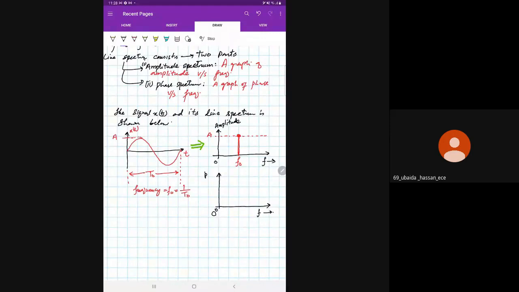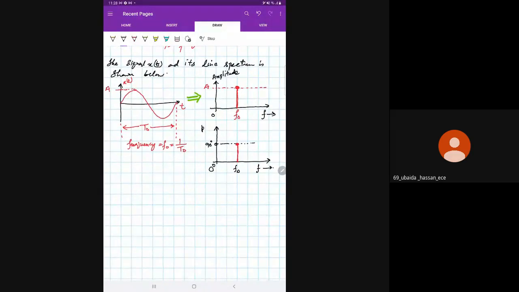If I say the phase is 90, then at frequency equal to f naught the phase is 90. So let us say 90 degrees somewhere here, and you'll mark the phase like this. If I assume the phase in the signal is zero, I'll draw two graphs.